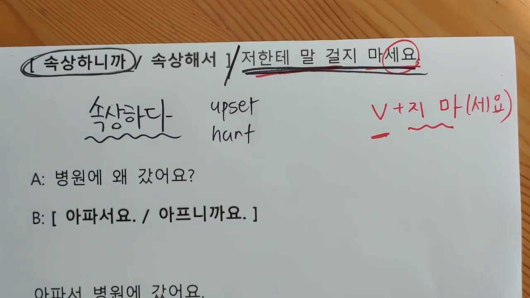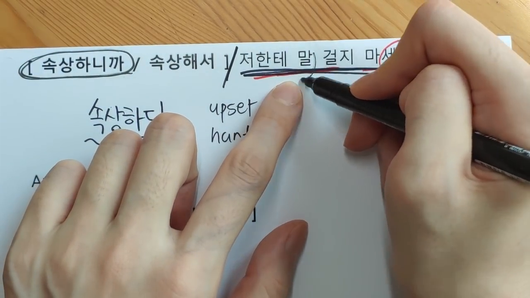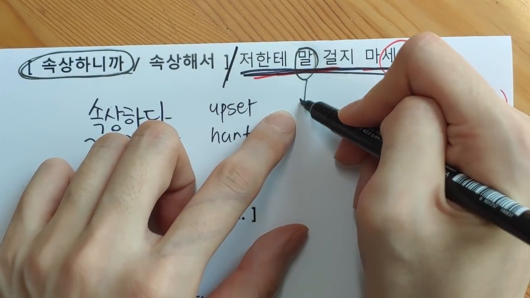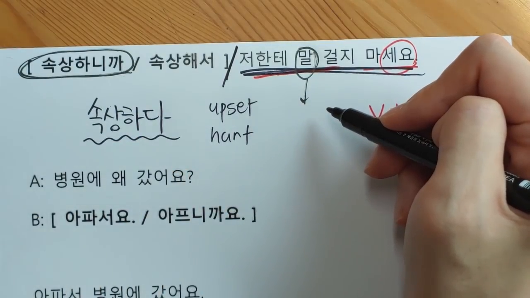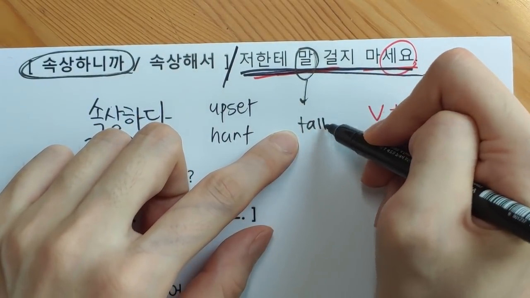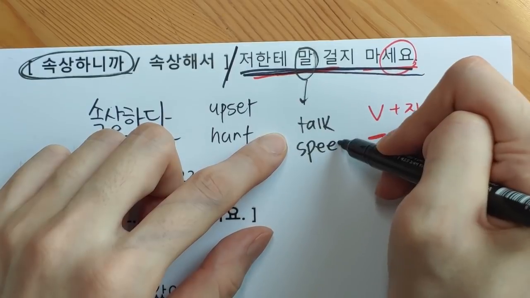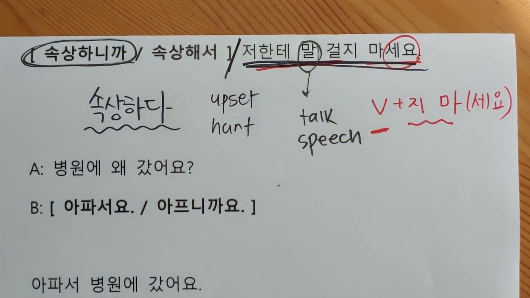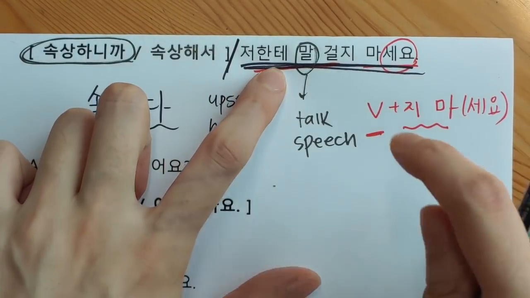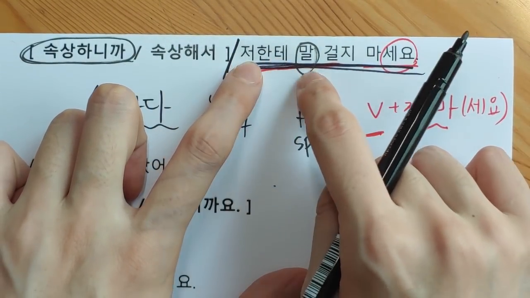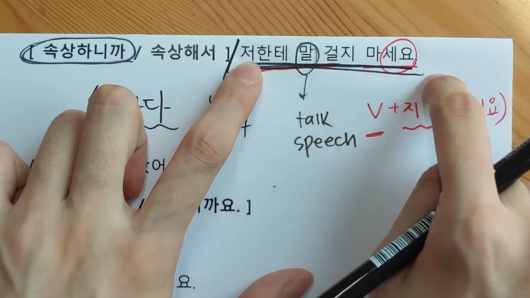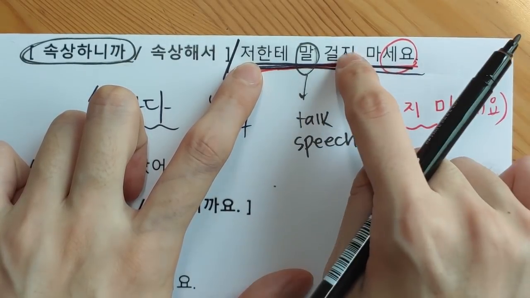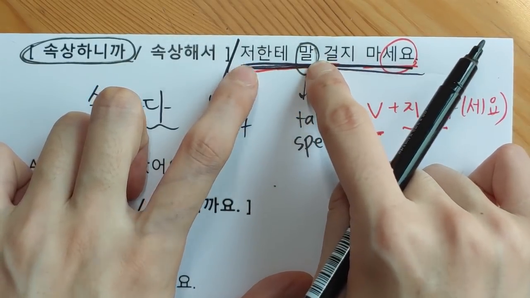I think we can guess what this means from this noun, 말, which is a noun that means talk or speech or anything that's related to verbal speech, right? So 저한테, to me, 저한테 말 걸지 마세요. Don't 걸다 말 to me.